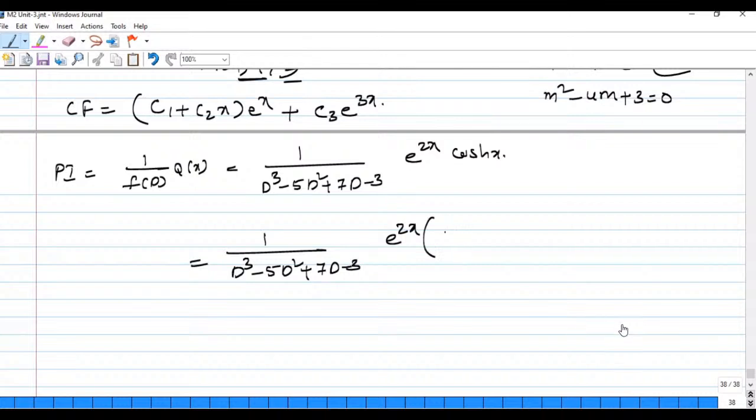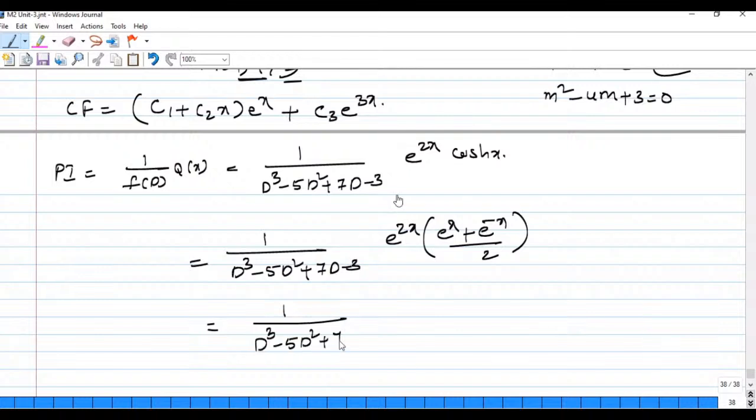We can write cos hx as e power x plus e power minus x by 2. Simplify, find the answer. 1 by 2 I'll write outside. e power 2x into e power x is e power 3x, plus e power x. Separate these two terms.